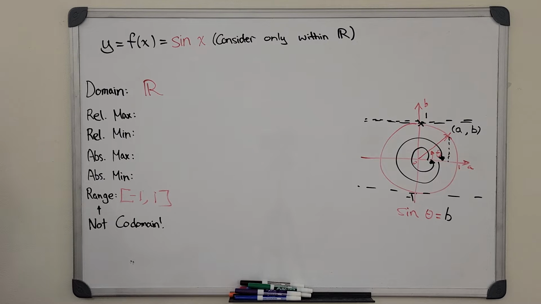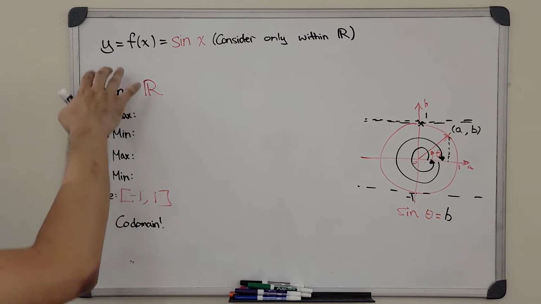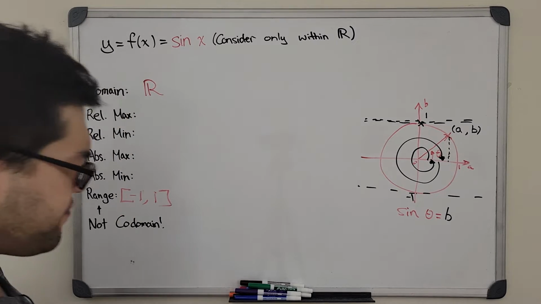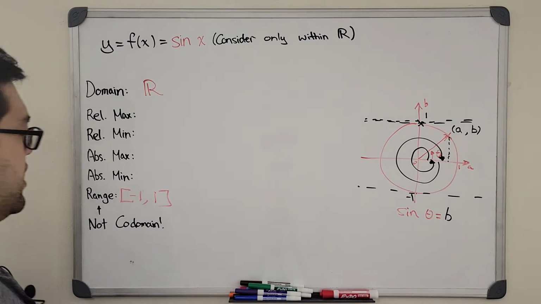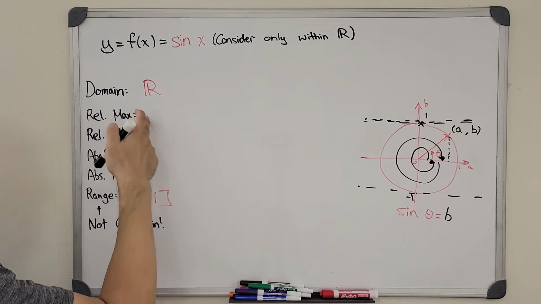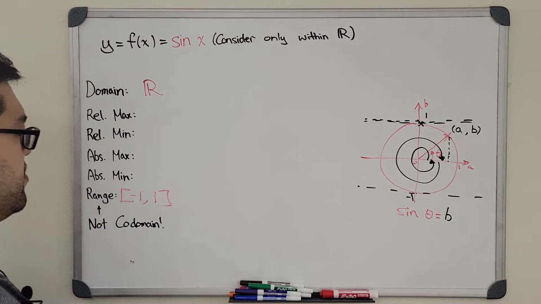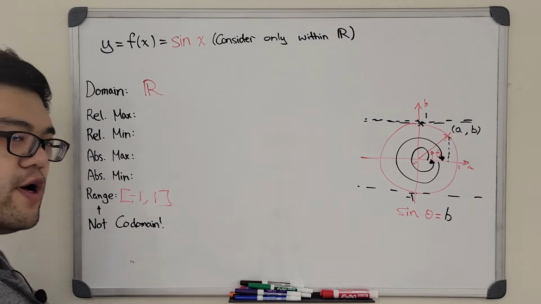We know that absolute maximum and absolute minimum will be at +1 and -1 respectively, when y is equal to +1 and y is equal to -1. And then for relative maximum and relative minimum, if we think of the graph of the function, of course, we see that the y values of the relative maximum and relative minimum will be +1 and -1 as well.